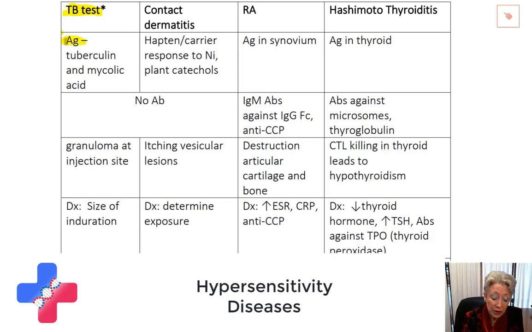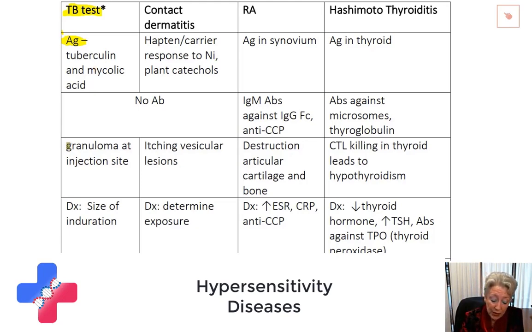The antigen is tuberculin and mycolic acid, which are surface molecules on the Mycobacterium tuberculosis organisms. If we're talking about the lepromin test, which is analogous, it would be surface molecules on the surface of Mycobacterium leprae.